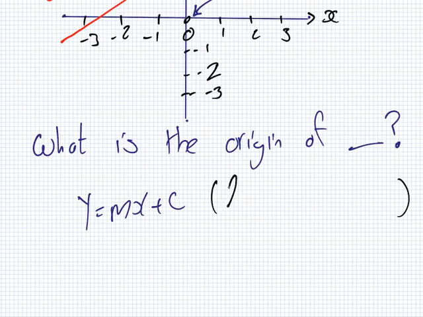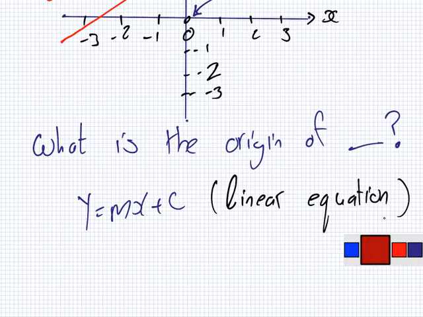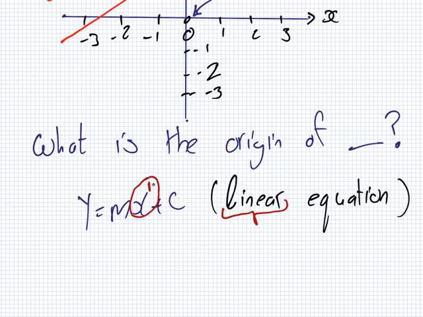We call this a linear equation. I'll explain each word. The linear is because there's an x with a 1 here.